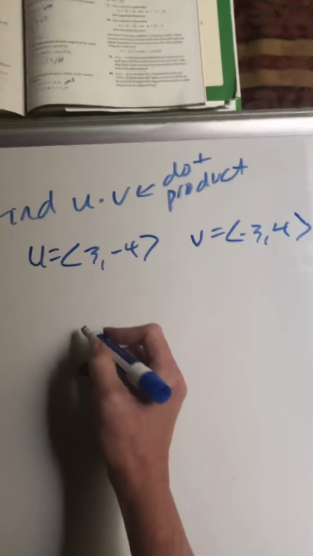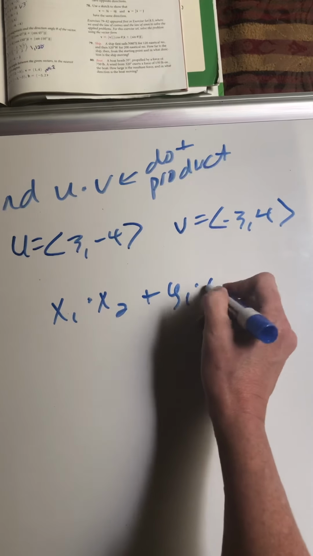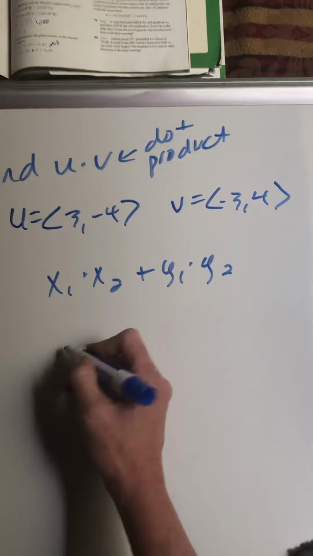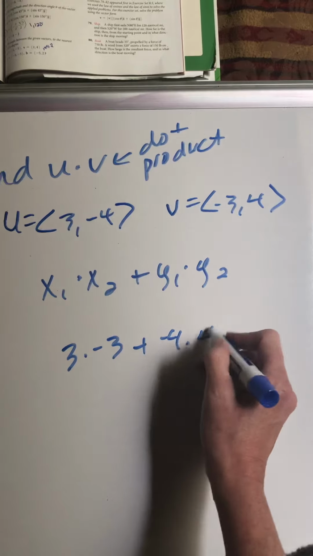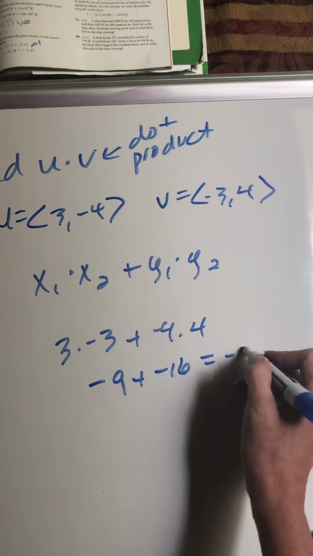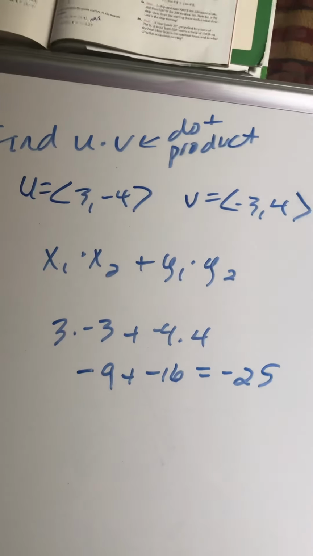To find the dot product, it's x1 times x2 plus y1 times y2. That's all you do. So I would do 3 times -3 plus -4 times 4. That'd be -9 plus -16, which would give me -25. That's all you do to find the dot product. So I don't need to show you another one of those.